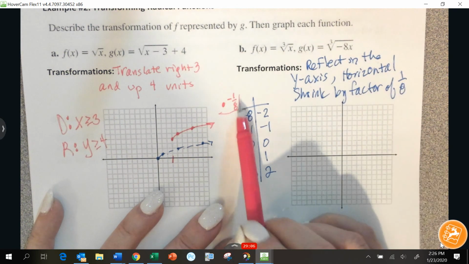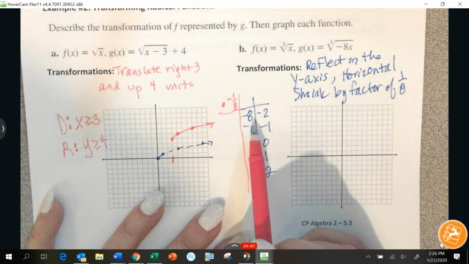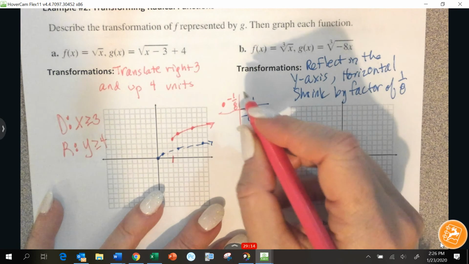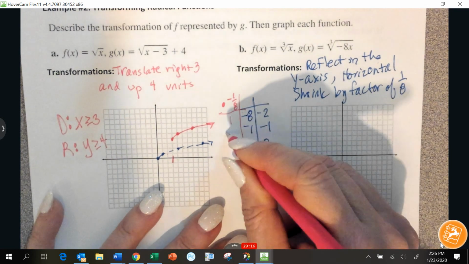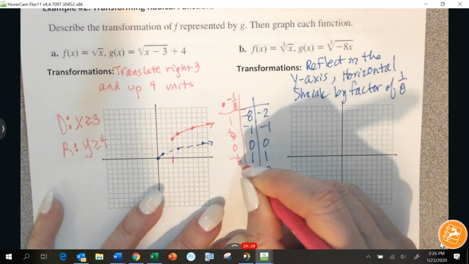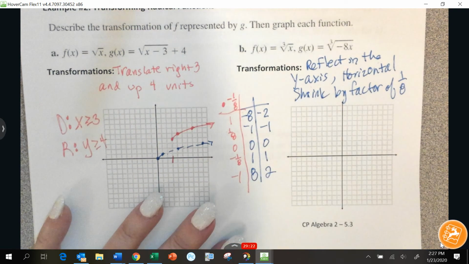Because 1/8 will make it smaller. So I get 1/8, and I get -1. Oh, I didn't graph my parent yet.